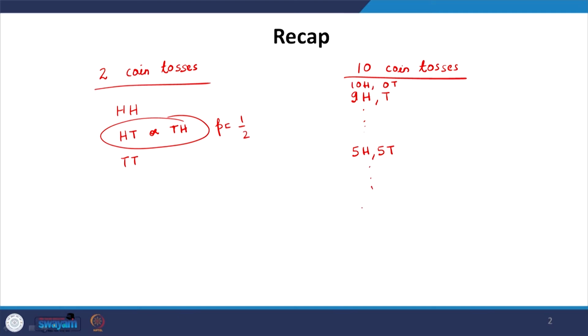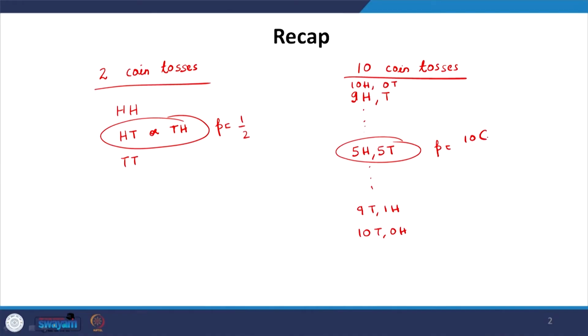And similarly 9 tails and 1 head, or 10 tails and 0 heads. And we said the number of ways for this to happen is much lesser in comparison to the total number of ways, and the probability of this is 10C5 by 2 to the power 10.